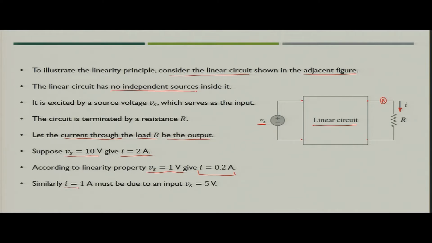Similarly, if you want to get current as 1 ampere through the resistor, what would be the value of the voltage input? The voltage input value would be 5 volt, because this is a linear circuit and it will follow the homogeneity property, which says that if you scale up or scale down through some parameter k, the input output relationship should not change. So if input is increased or decreased by constant k, then output will also be increased or decreased by the same constant k.